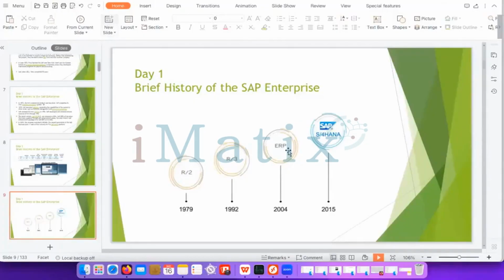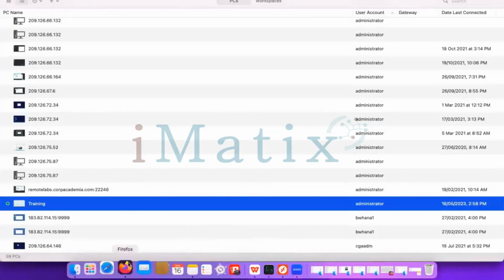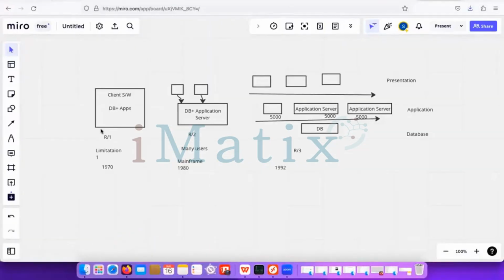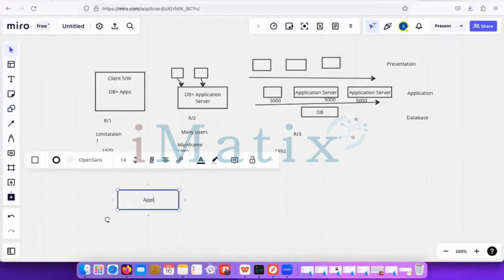SAP has to share the revenue. SAP is also a company, an enterprise, and they also have to make a profit. SAP made an application software, ERP. This software is written in the ABAP language.